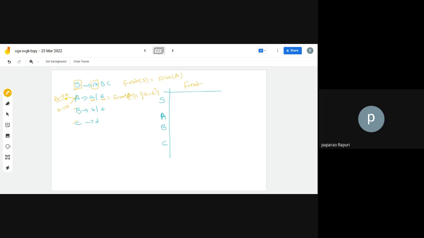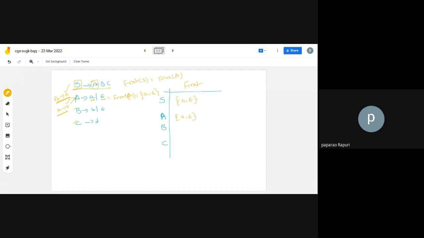So from this production, I can add small a, and from this production, I am adding epsilon to the first set of A. And coming to here, the first set of S is equal to the first set of A. Good. So first set of A, what do we get? That is a comma epsilon. So I am directly adding a comma epsilon to here also. Sir, is it clear?